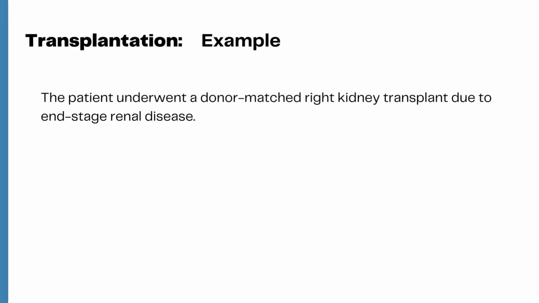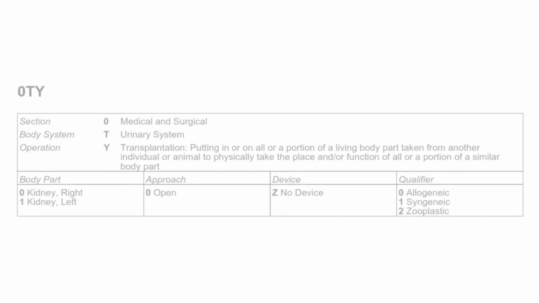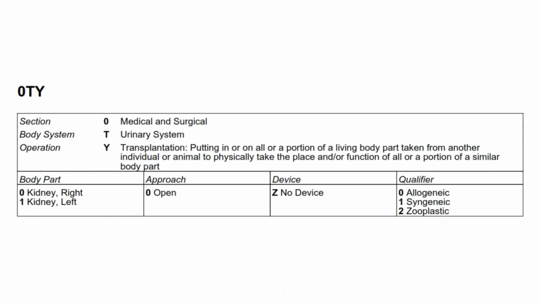Now, this is an example of coding transplantation procedures. The patient underwent a donor matched right kidney transplantation due to end stage renal disease. In this case, the patient has ESRD and is receiving a kidney from another matching donor, so this should be from another individual. And this is the corresponding table that shows the transplantation of the right kidney. Section is medical and surgical.